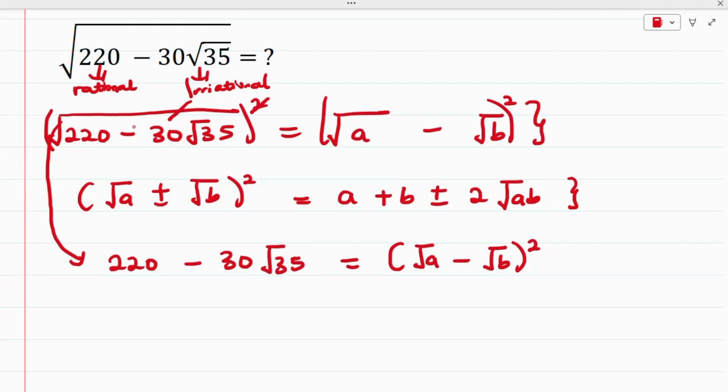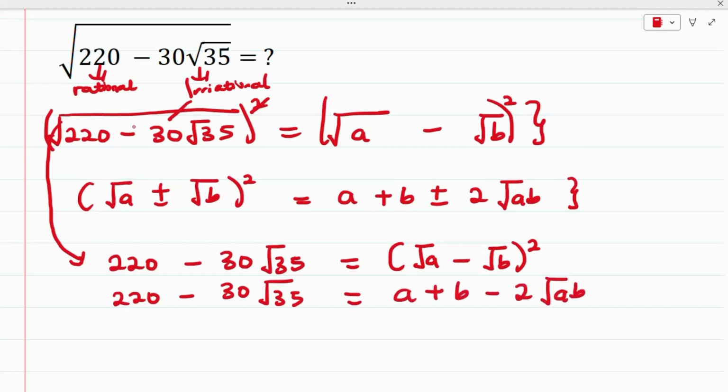Alright, so from here, if you apply this property of nested radicals, this will be expressed as A plus B minus 2 into the root of AB. So we can easily equate this expression into rational and irrational parts.